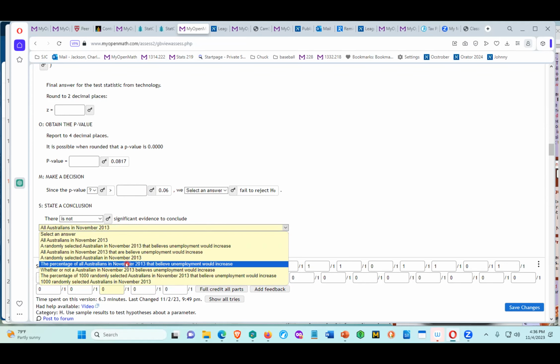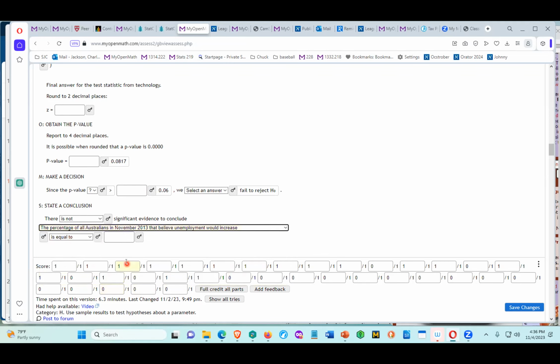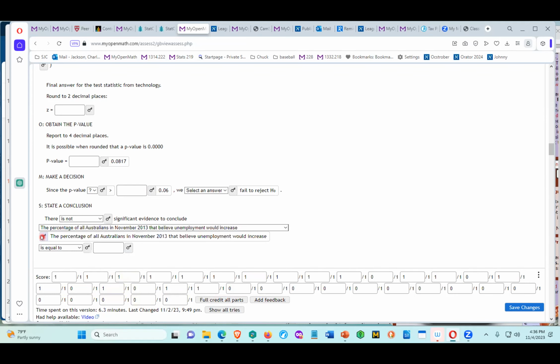So we know that we have to be talking about the population there because it says all Australians, and that's the right thing. p is equal to 0.47. Okay, we have a sample which we thought might show enough evidence to reject that, but there just isn't.